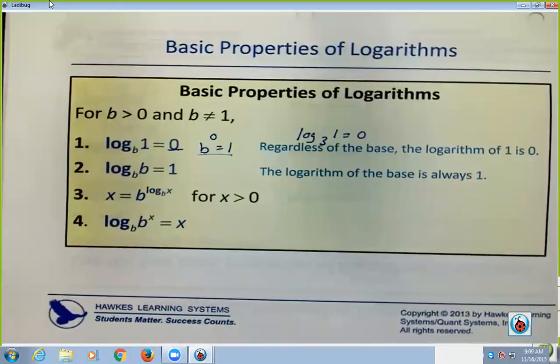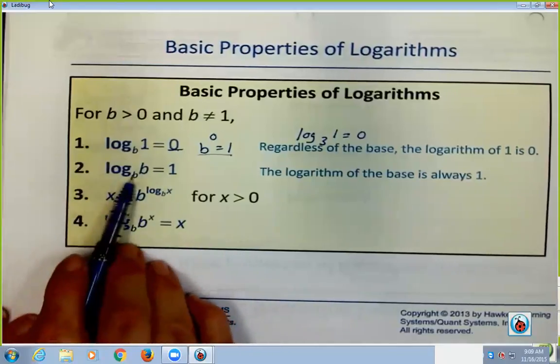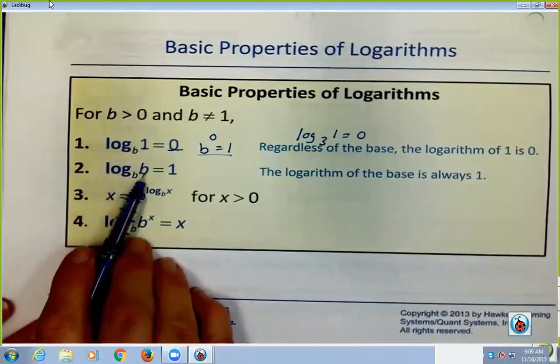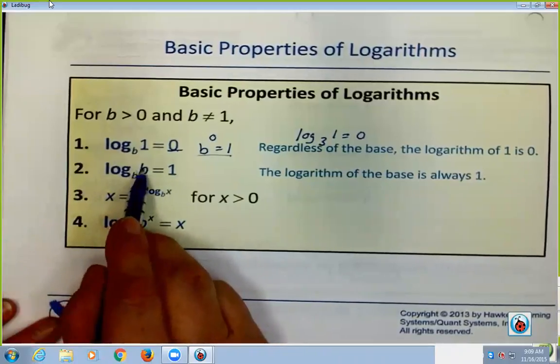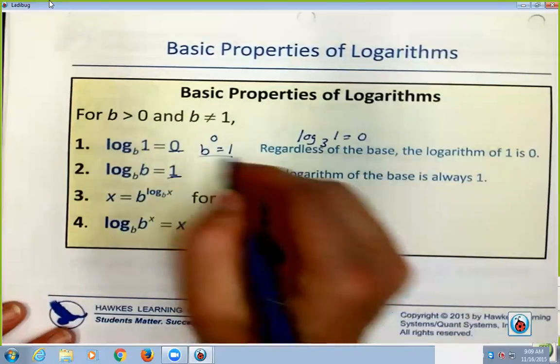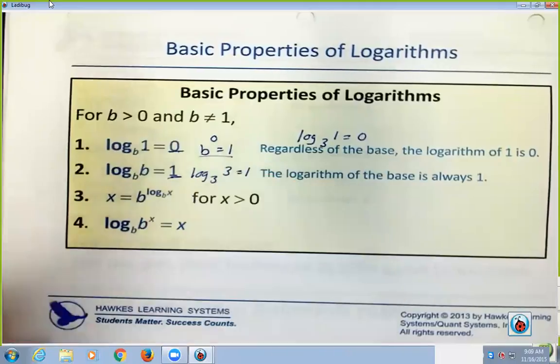The second one, you guys in the back. The second one back here is we've got a base b, and we've got log b b is equal to 1. So if these two match, it's always going to be equal to 1. So an example might be log 3 3 is going to equal 1.